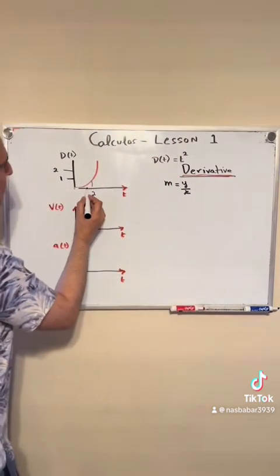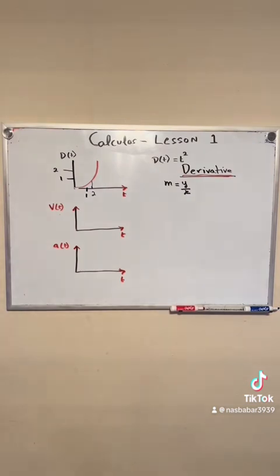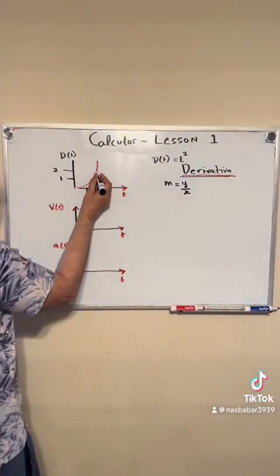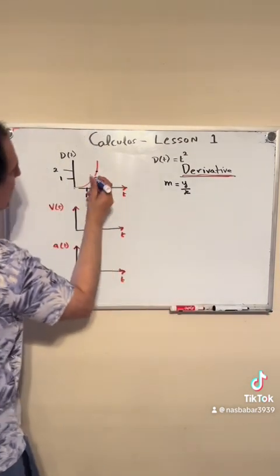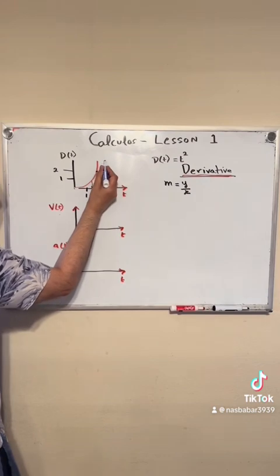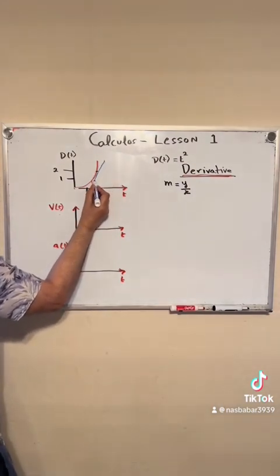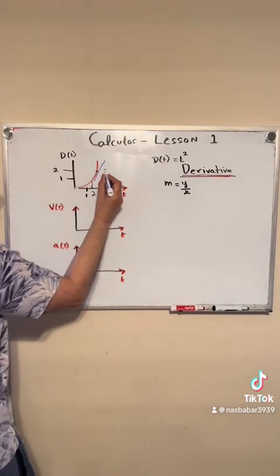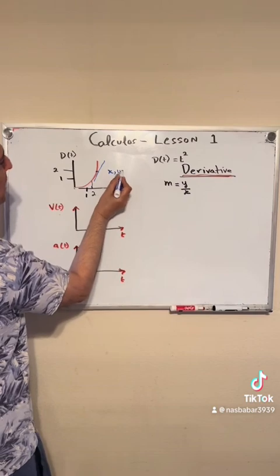So in this case, if I want to find the slope of this curve, I pick a point on this curve, and then I draw a tangent line like this, which barely just touches this point. Now we have x coordinates over here, and y coordinates over here.